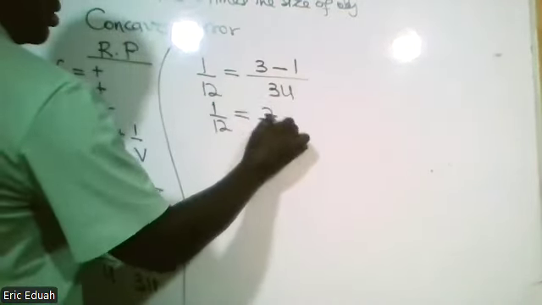Focal length 12, radius of curvature 24. So this is the distance from the pole to the center of curvature.